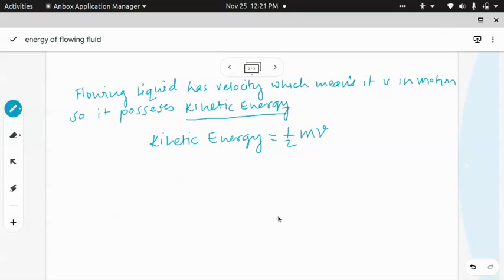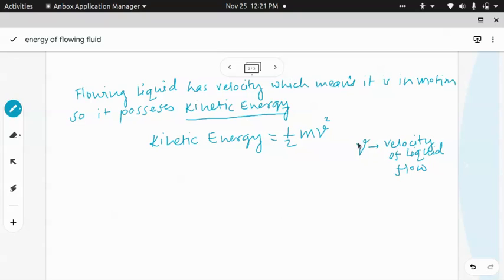This denotes velocity. I will write here also, this is a v, which is called velocity. Velocity of what? Velocity of liquid flow.